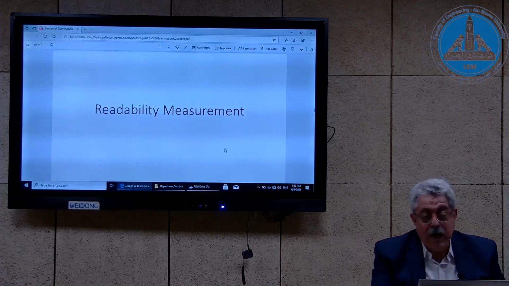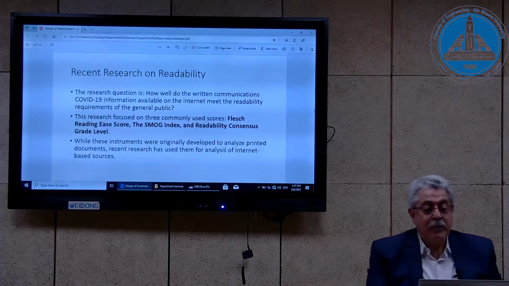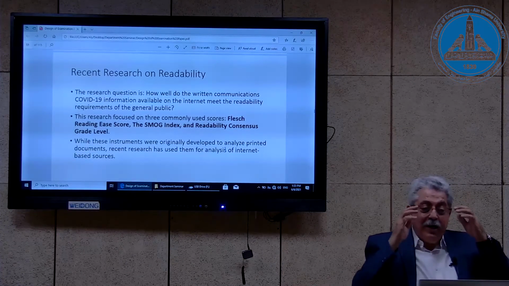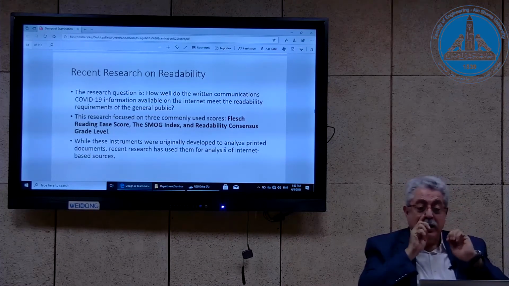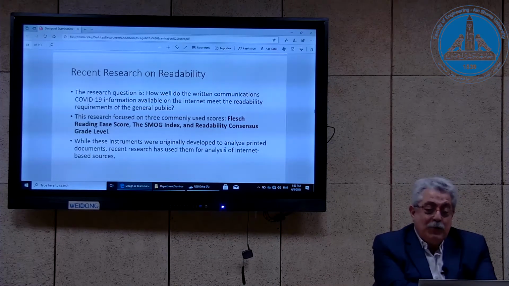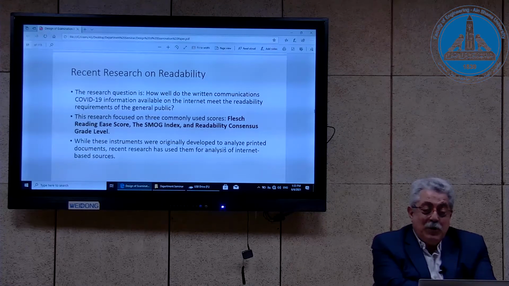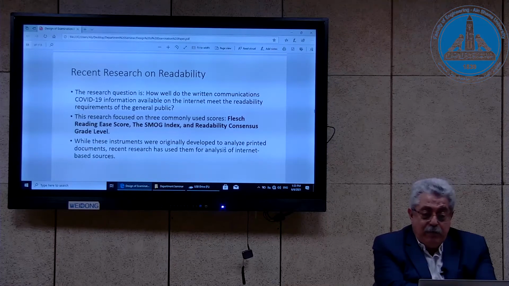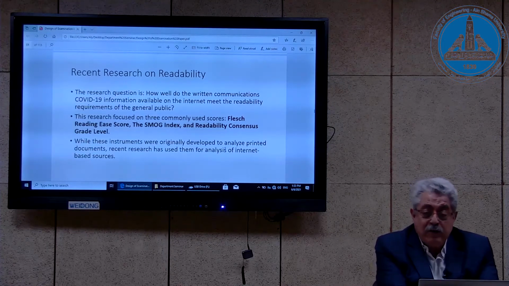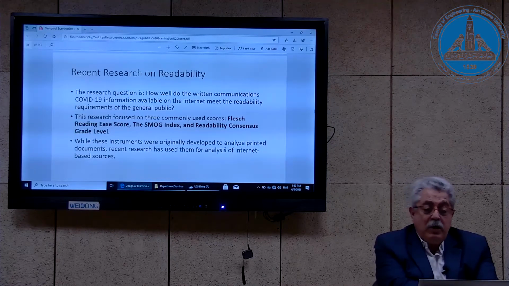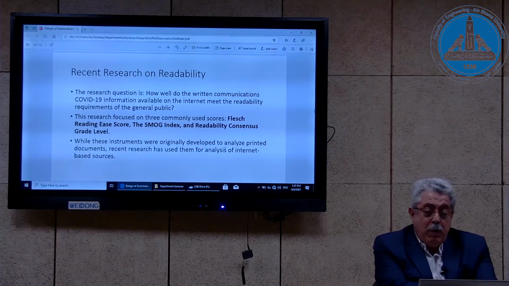Readability measurement. How do I measure readability as the ease of understanding text? This is a recent research on readability. Why recent? Because it has to do with COVID-19. The research question is, how well do the written communications of COVID-19 information available on the internet meet the readability requirements of the general public?